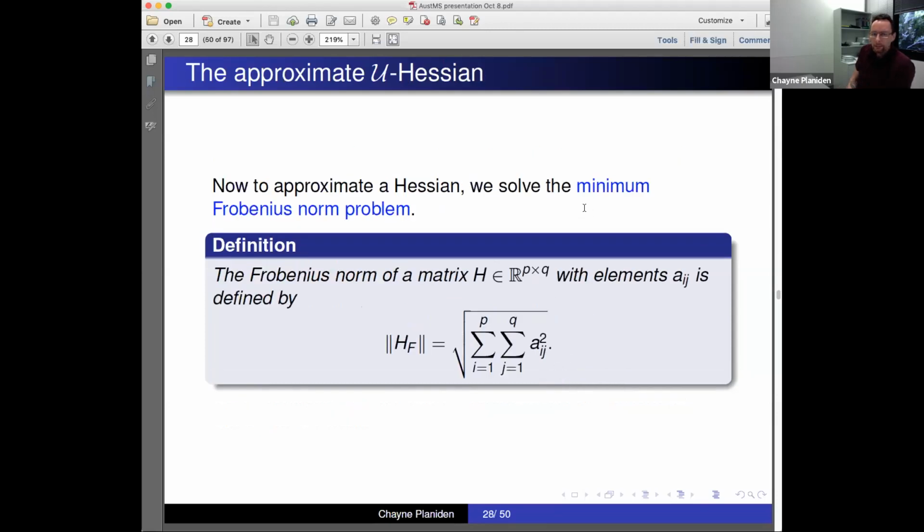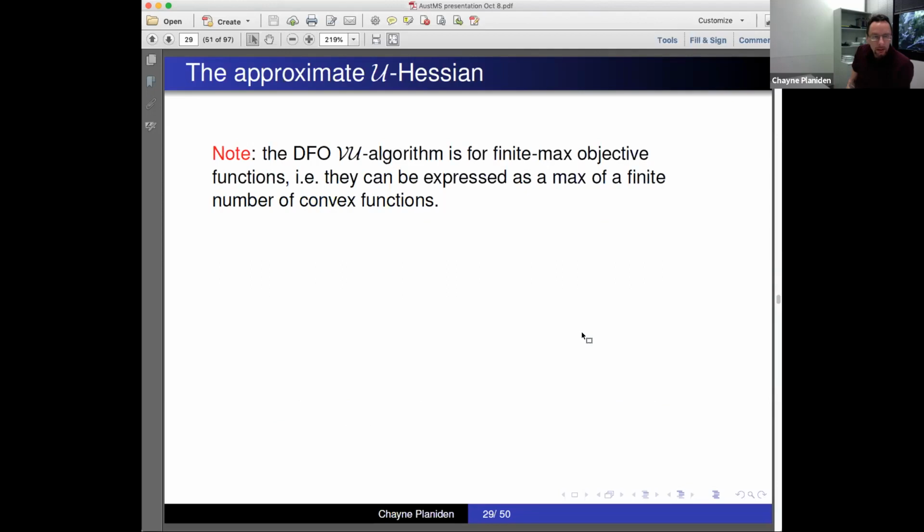And then for the Hessian, we do something similar, but it's second order. So we solve what's called the minimum Frobenius norm problem in that case. So here's the definition of the Frobenius norm of a matrix. And we did this work for finite max convex functions only, so to make the calculation of the V space a little bit simpler, more accessible.